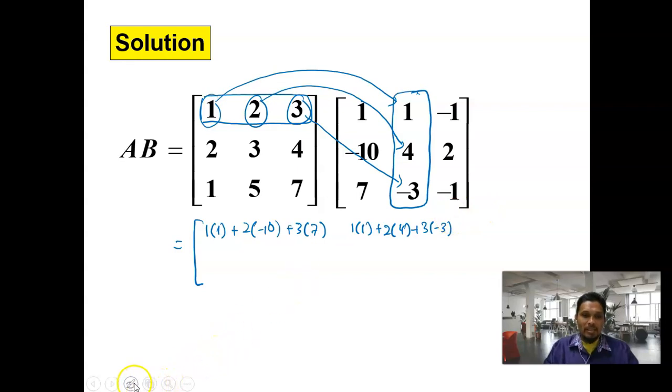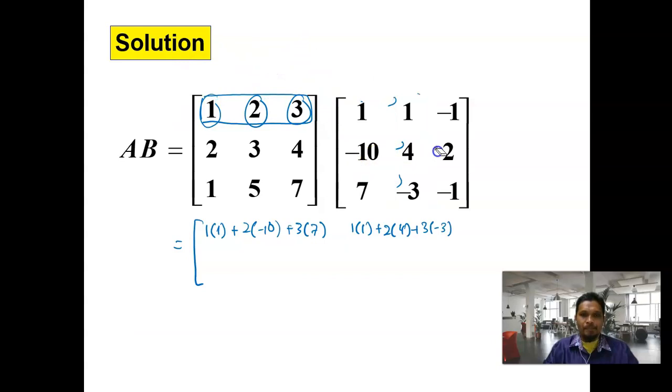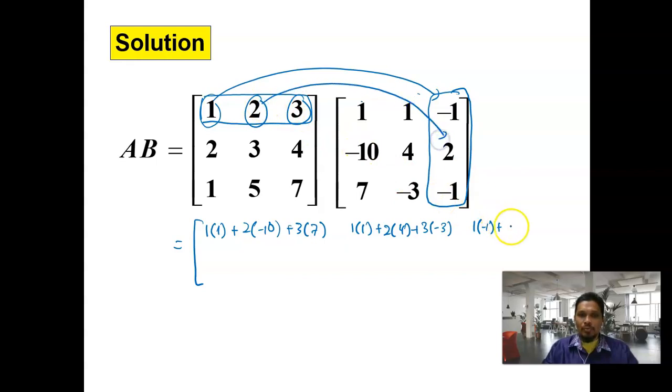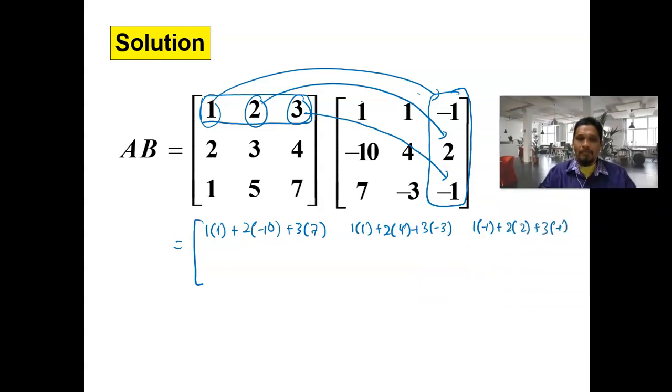And then next, row 1 with column 3: 1 multiplied with negative 1, plus 2 multiplied with 2, plus 3 multiplied with negative 1.